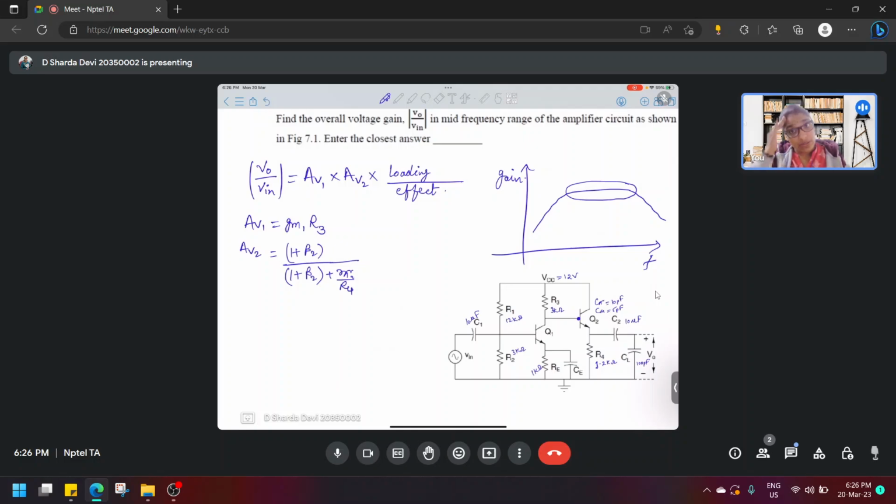Now what will be the loading factor? The loading factor is because of the input resistance, R5 and R4 coming into the picture in series with R3.